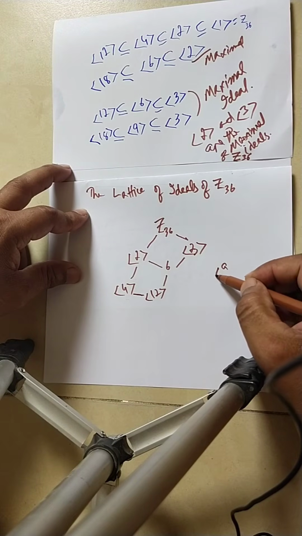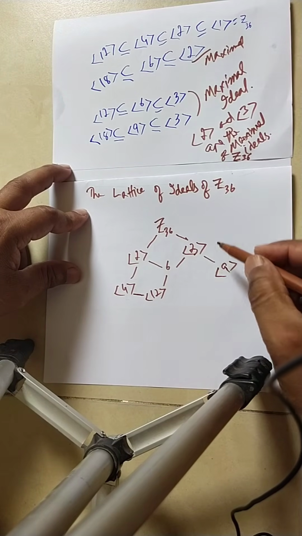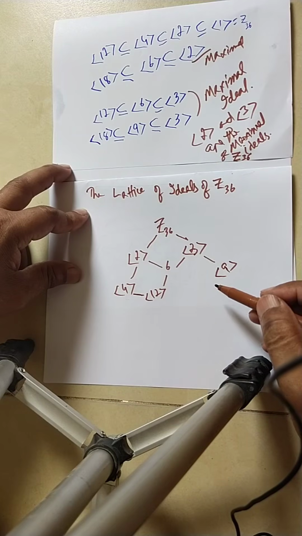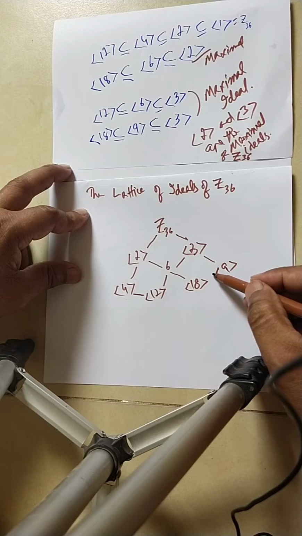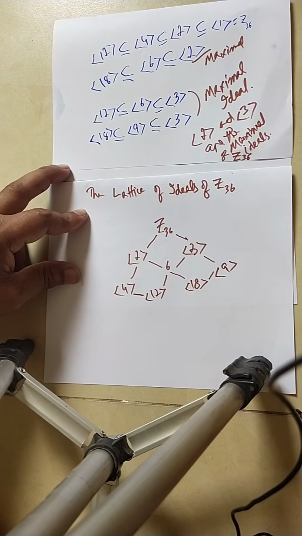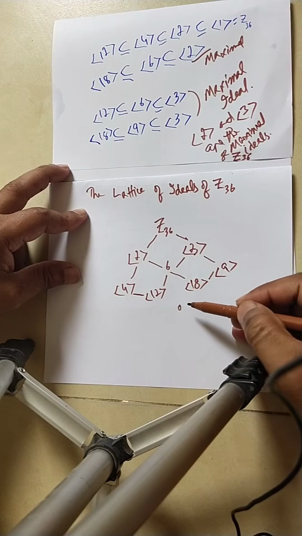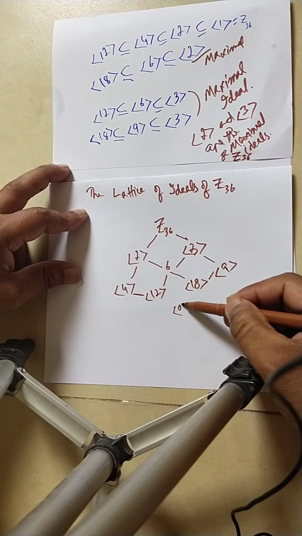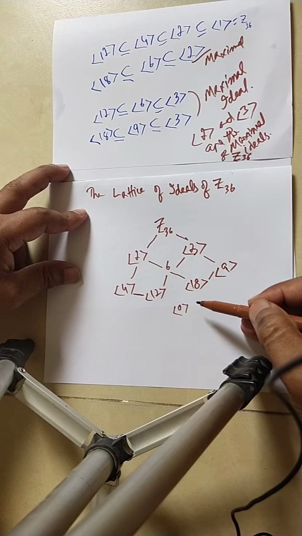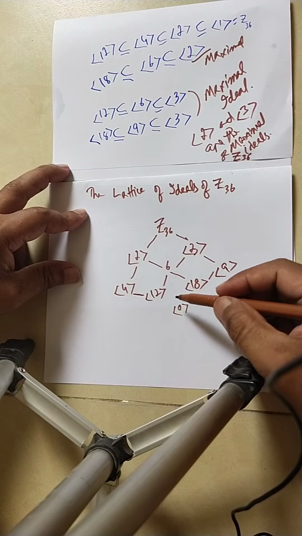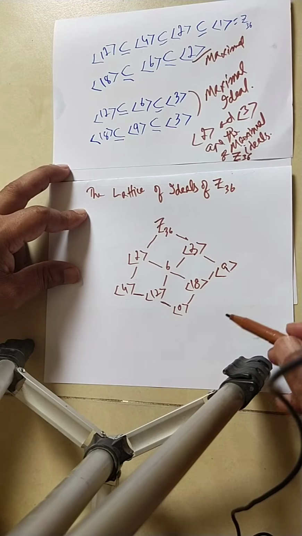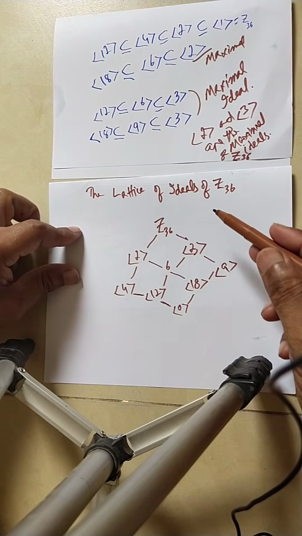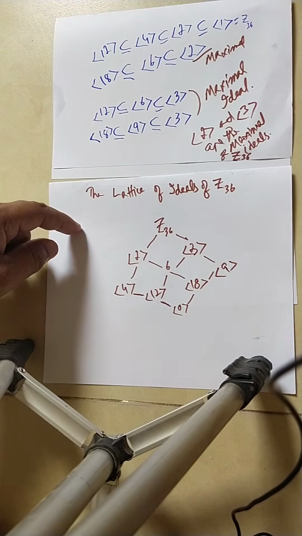9 is contained in ideal 3. The ideal 18 is contained in both 6 and 9. And 0 is the unit identity ideal, or identity subgroup. It is contained in 12, 18 and obviously all ideals, and this is the lattice of ideals of Z36.